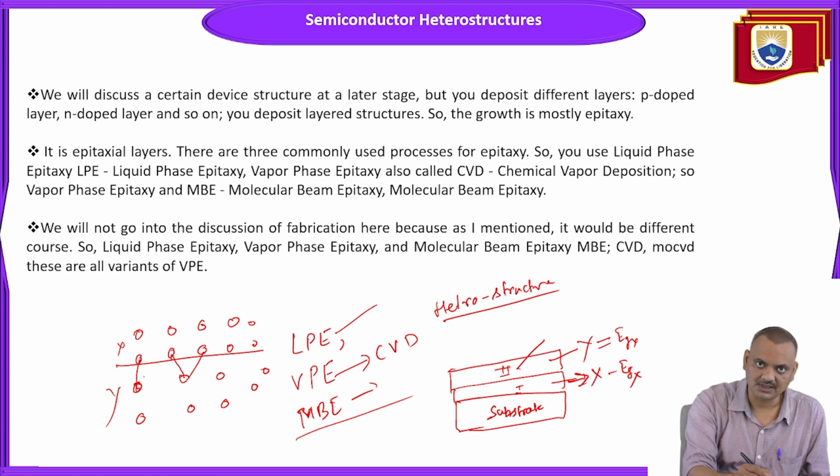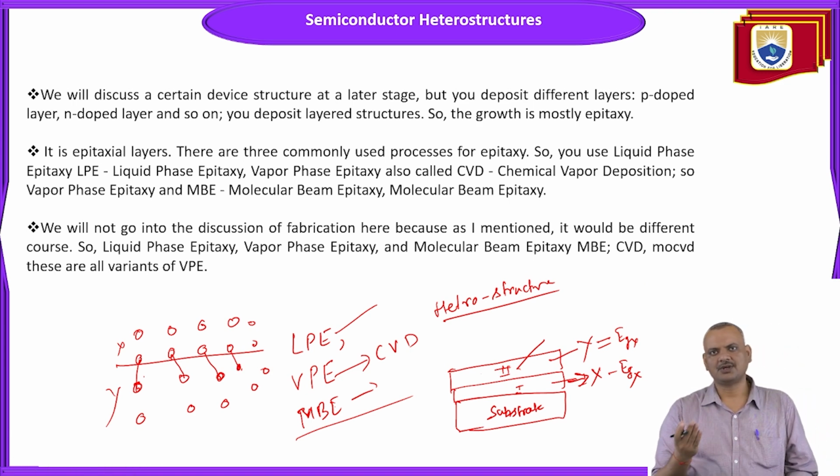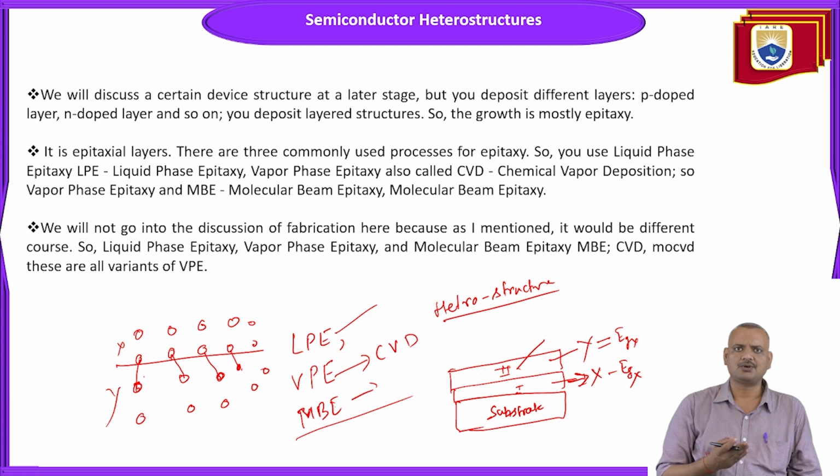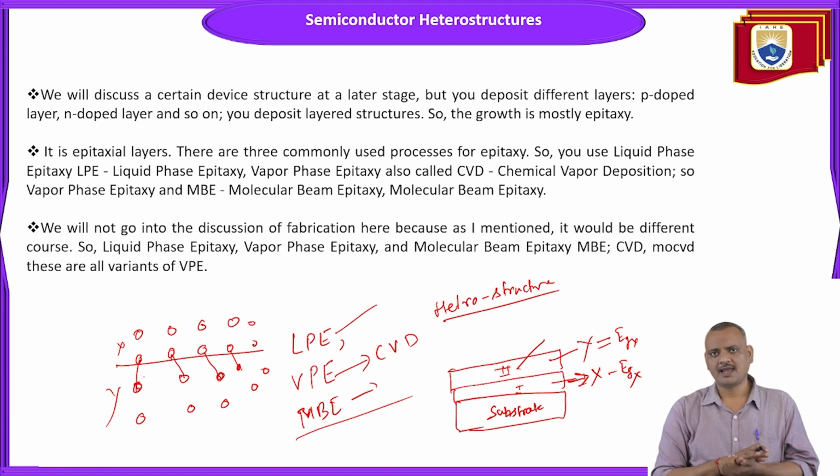It will make a bond with this atom or this atom. Okay. So let's suppose the bonding formation is like that, and this atom does not find any atom to make a bond. So a kind of dangling bond is there, where there will be no atoms present to make a bonding formation. Okay. So these are some kind of mismatch of layer, and that mismatch is known as lattice mismatch.